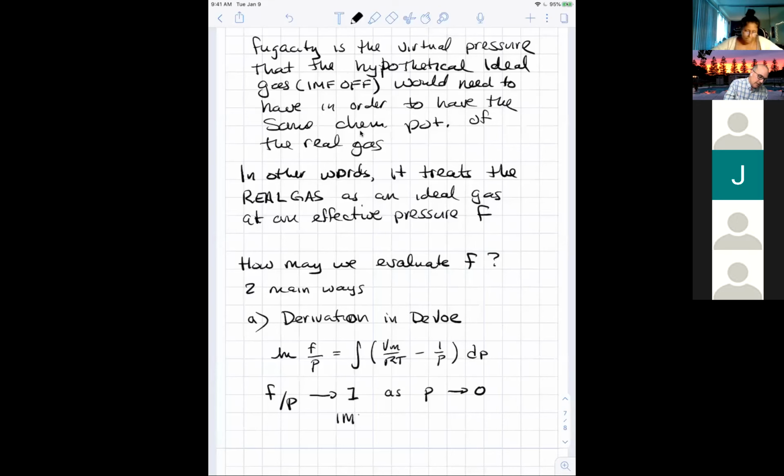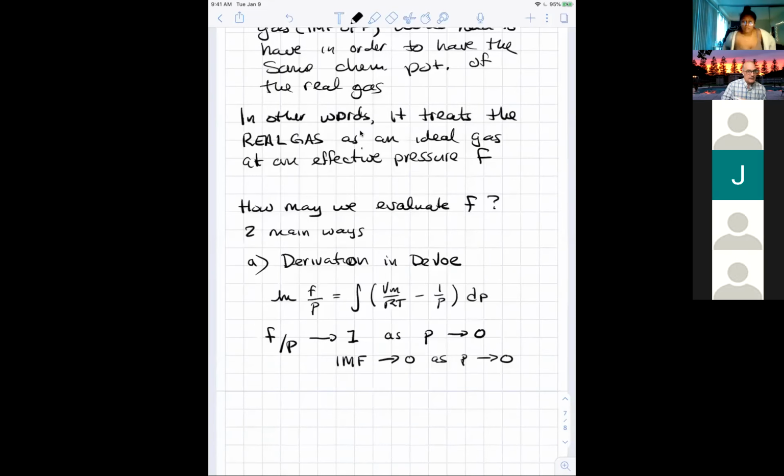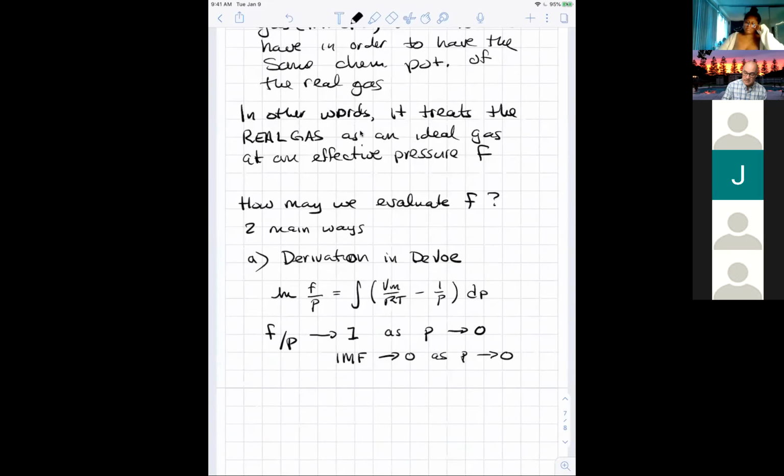In other words, intermolecular forces go to 0 as P goes to 0. These are two different ways of saying the same thing, right? So that means the logarithm of F over P should go to 0 as P goes to 0.